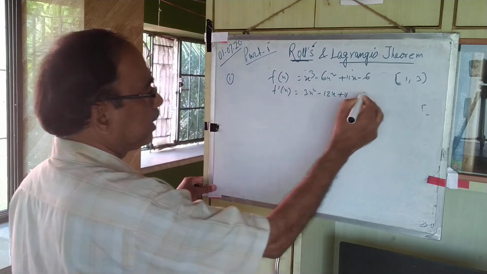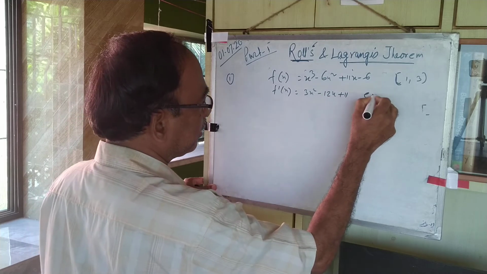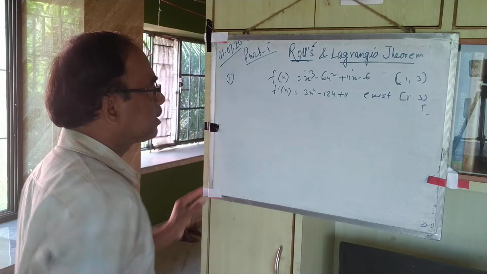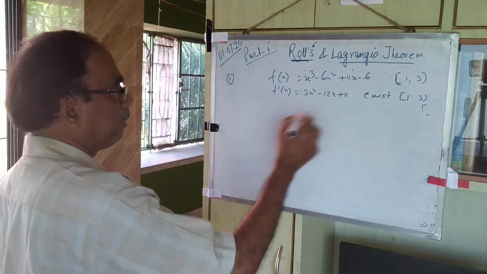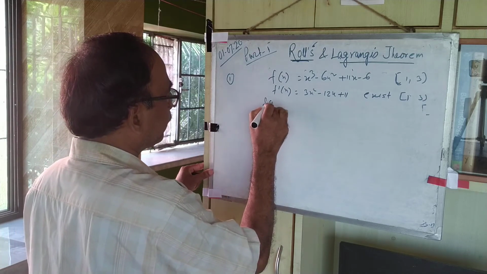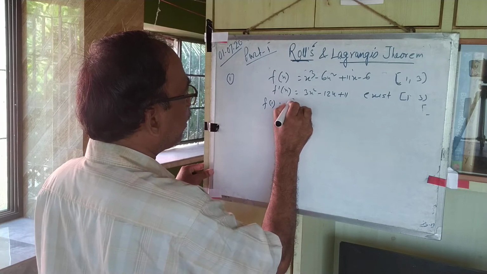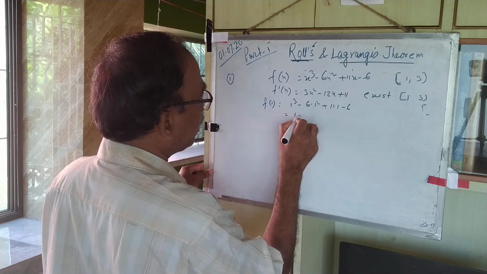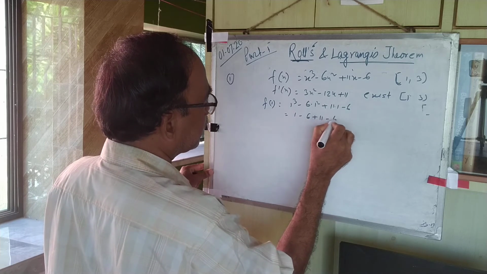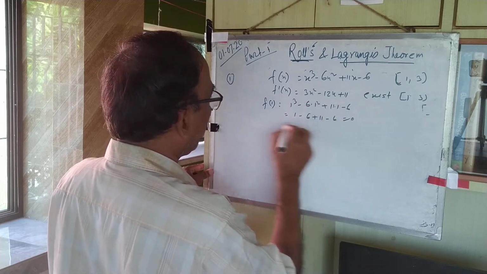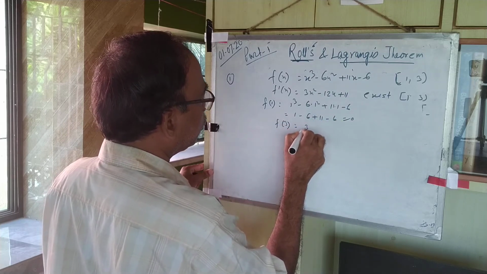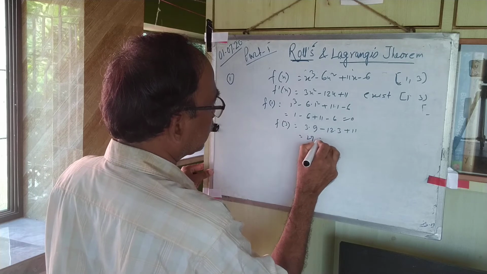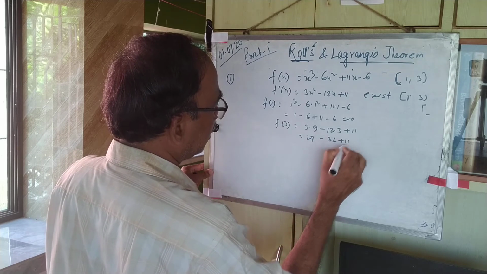It is differentiable, that is, it exists in the closed interval [1, 3], and derivable in the open interval too. f(1) is 1 cube minus 6 into 1 square plus 11 into 1 minus 6, that is 1 minus 6 plus 11 minus 6, that is 0.